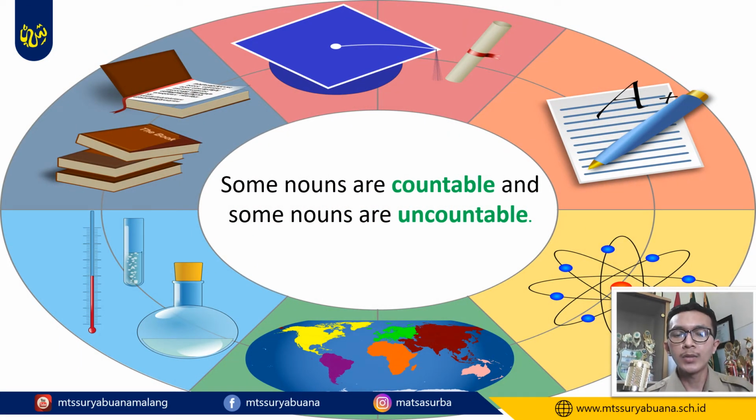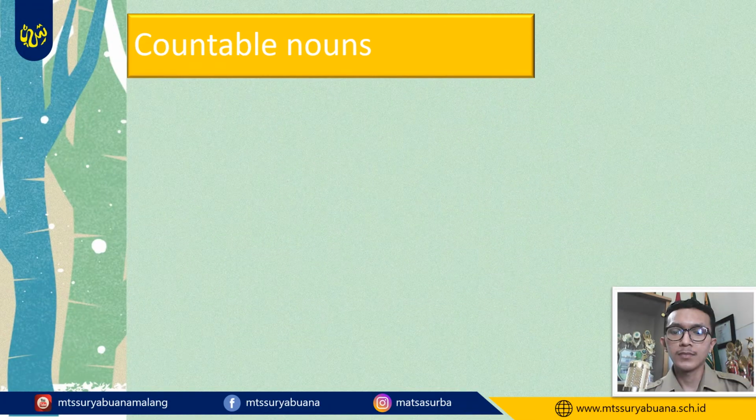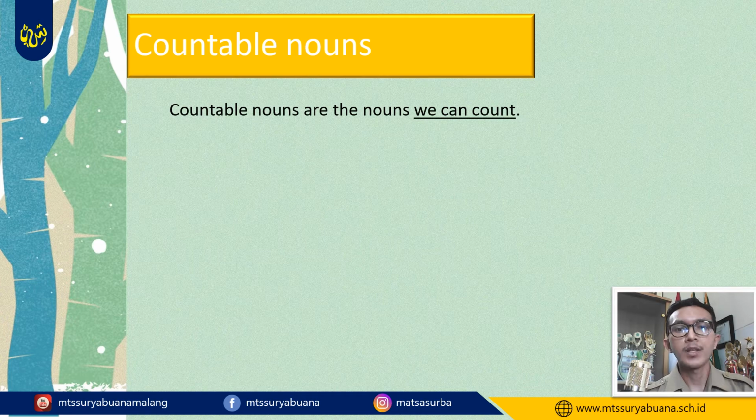As we know, nouns can be divided into two types. The first one is countable nouns, and the second one is uncountable nouns. Let's discuss them one by one, starting with countable nouns.